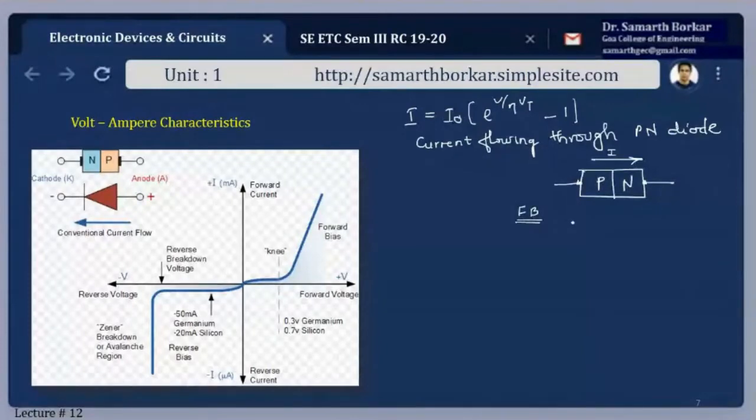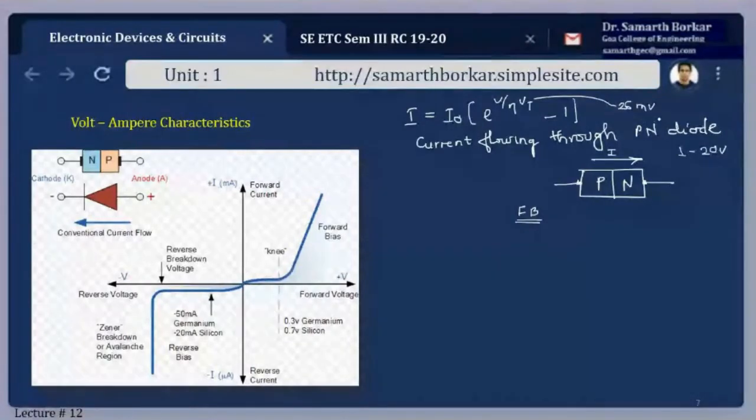When the applied voltage V is positive, and if it is several times Vt, and it is actually because Vt is 26 millivolt, and we work this diode in the range of 1 to say 20 volts. Now this value 1 to 20 volts is very much greater as compared to 26 millivolt.